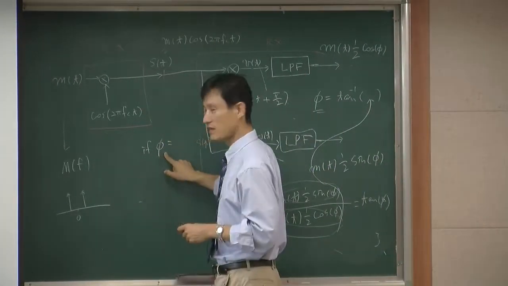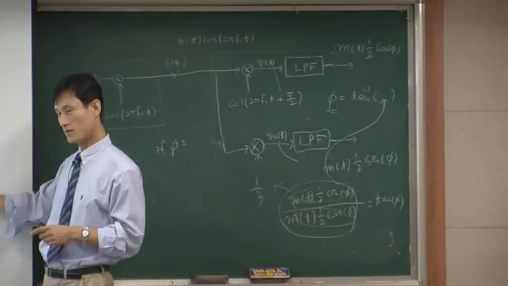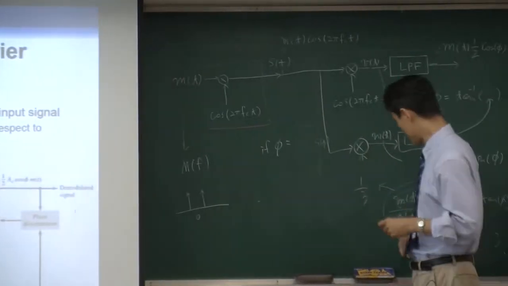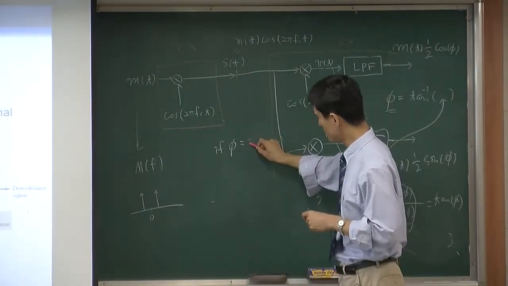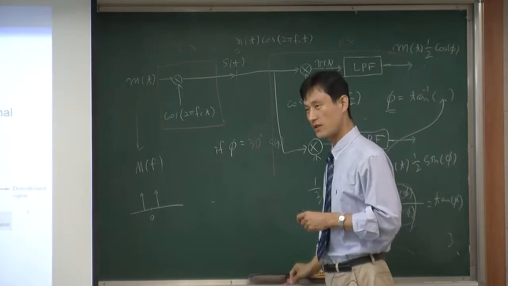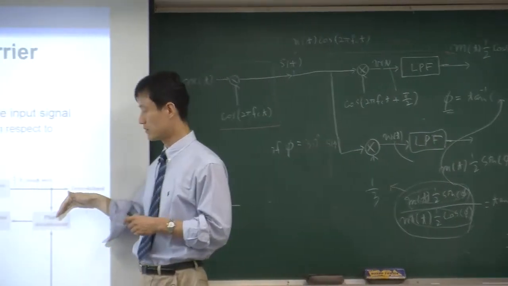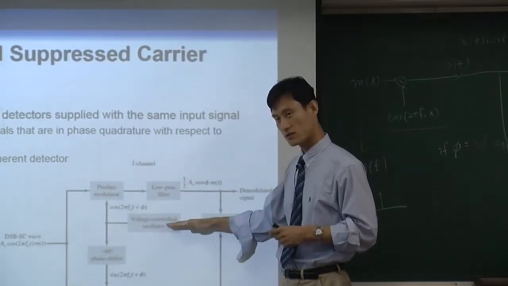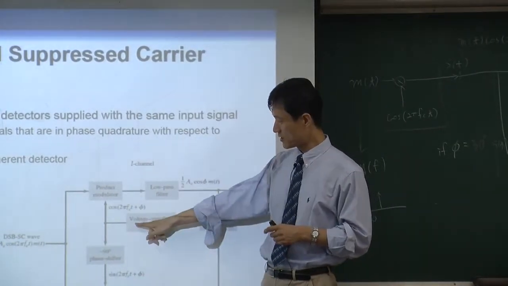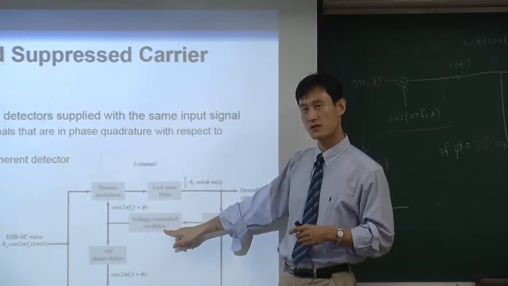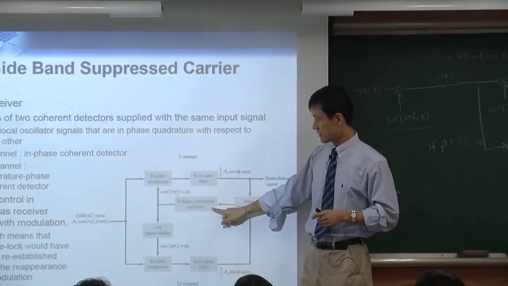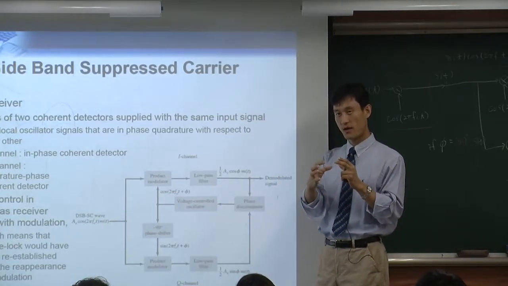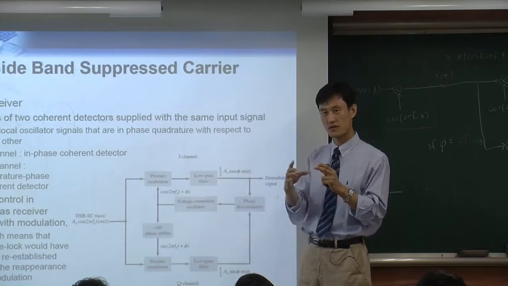Once you know the phi, what do you need to do? Let's say we calculate the phi based on these things, and we find out phi is 30 degrees. Then what do you need to do? Put this 30 degrees into this block, which is called the voltage controlled oscillator. What is an oscillator? An oscillator is a small hardware part which makes a frequency. Generally an oscillator makes a fixed frequency, always one frequency.